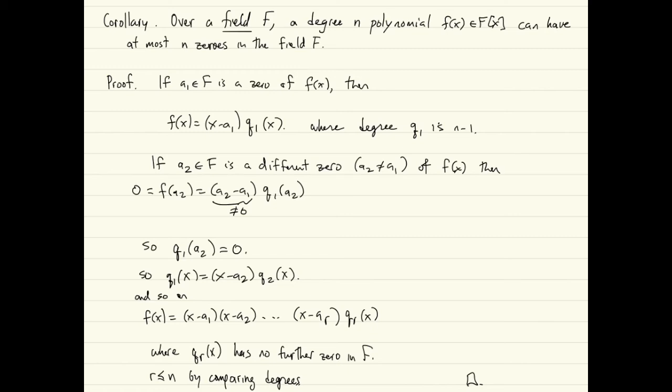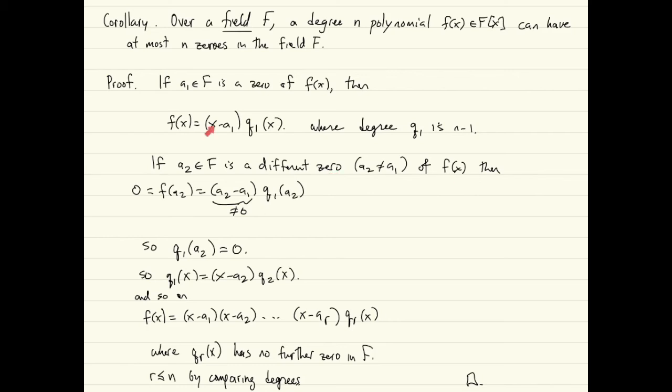Okay, so now if a2 is a different zero, so a2 is not equal to a1, then let's plug in a2 for x. So f of a2, we're assuming is 0. That's what it means for a2 to be a zero of f of x.